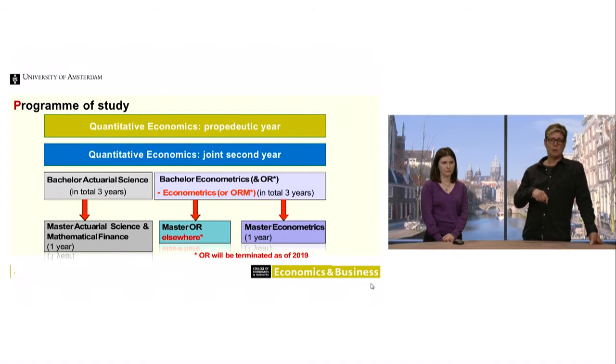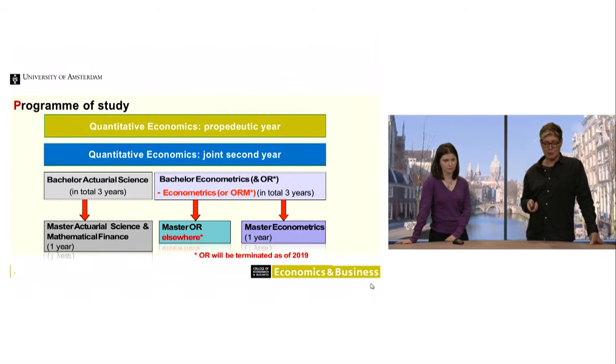If you make a kind of dual program of actuarial science courses together with econometrics courses, you could also qualify for the Master in Econometrics, although you were in the Bachelor of Actuarial Science. And this also holds the other way around. With a Bachelor in Econometrics, you might go to the Master of Actuarial Science.